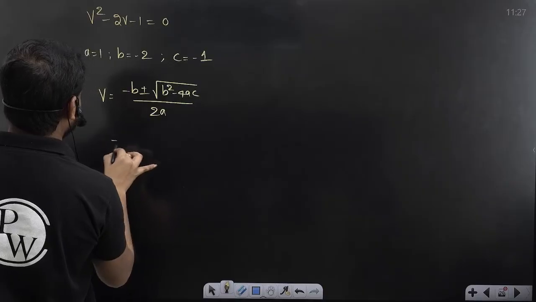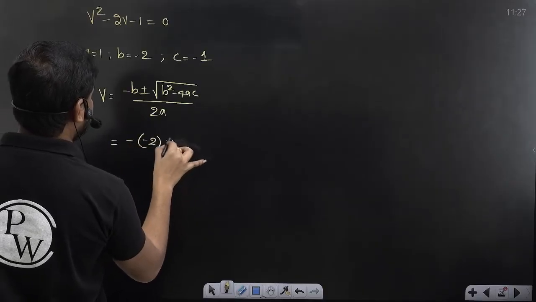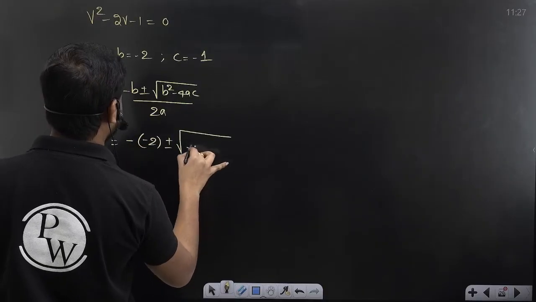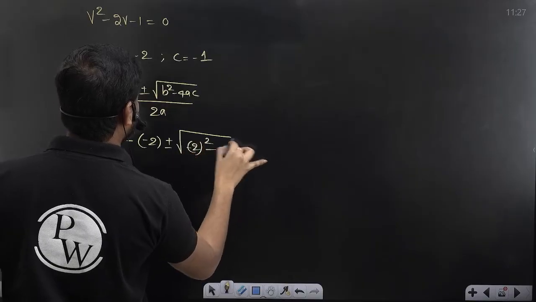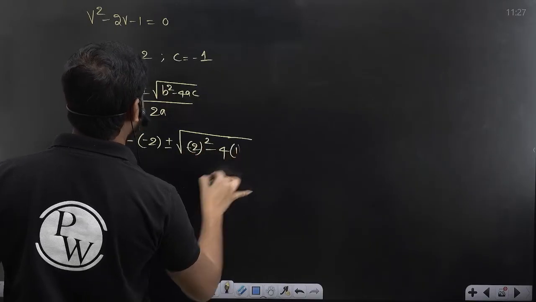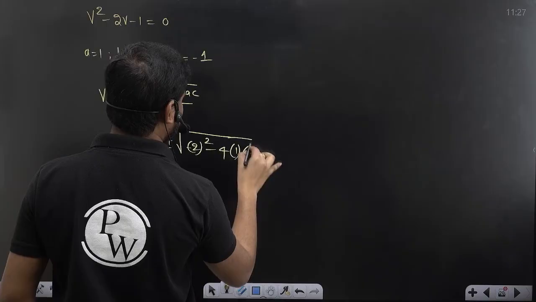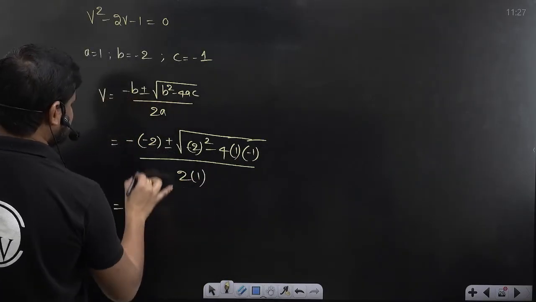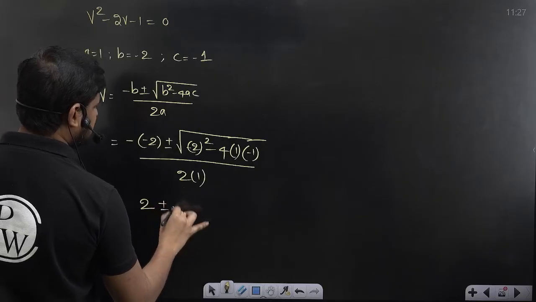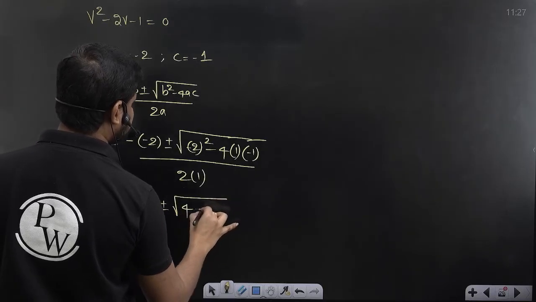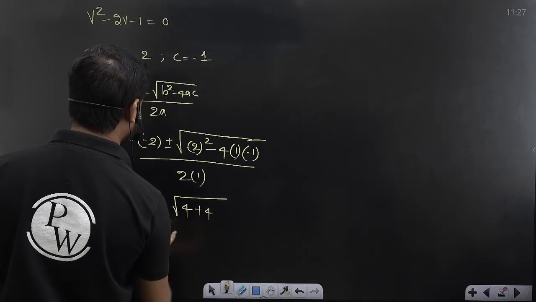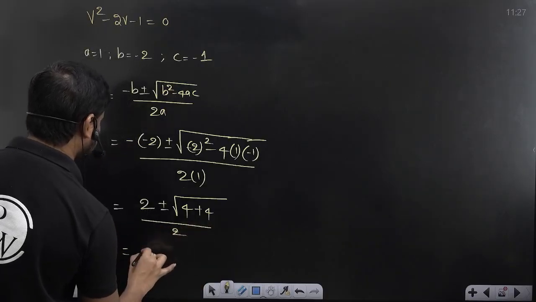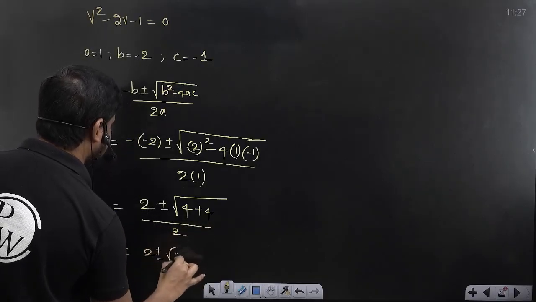So what is minus b? Minus of minus 2, plus or minus square root of minus 2 whole square minus 4ac. 4 into a into c is minus 1 by 2 into a is 1. So this is 2 plus or minus square root of 4 plus 4, by 2, which is nothing but 2 plus or minus root 8 by 2.